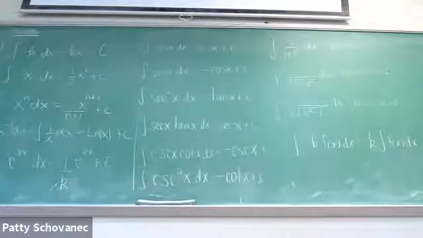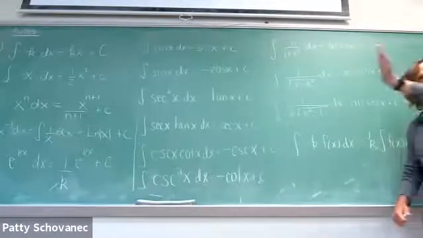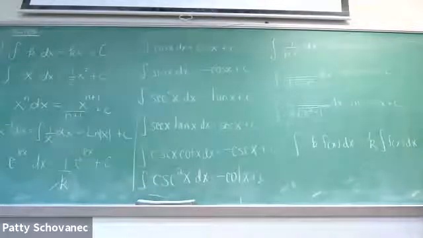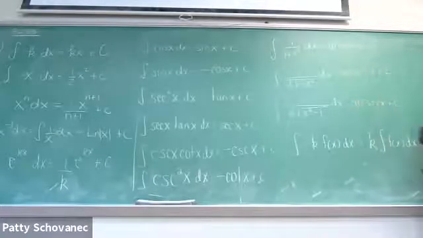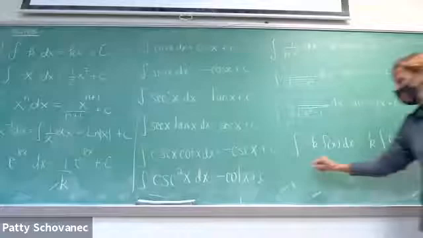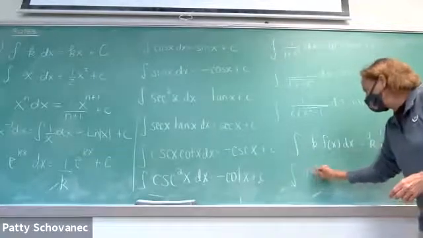With derivatives, we were able to do things term by term, through plus and minus. We can do that again with antiderivatives. If I've got several things added together, I do each one individually and then add the antiderivatives together. So the integral of the sum is the sum of the antiderivatives.